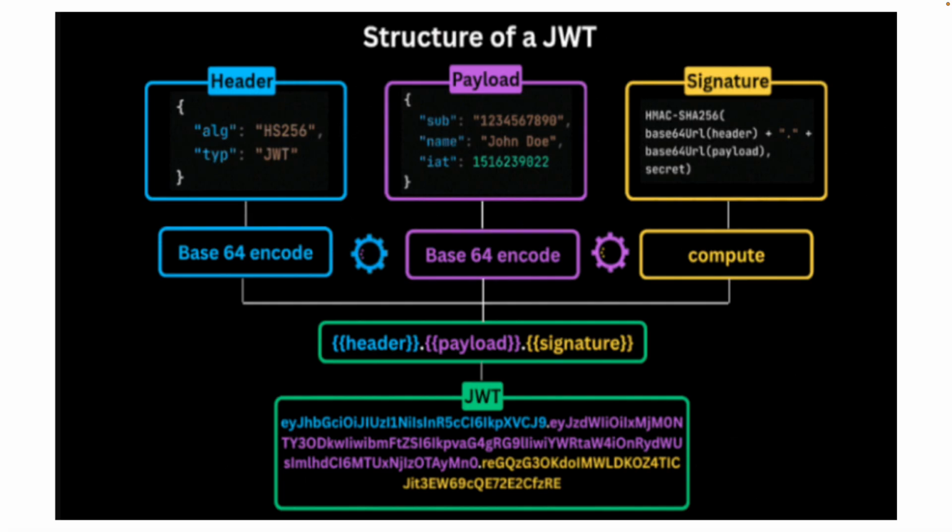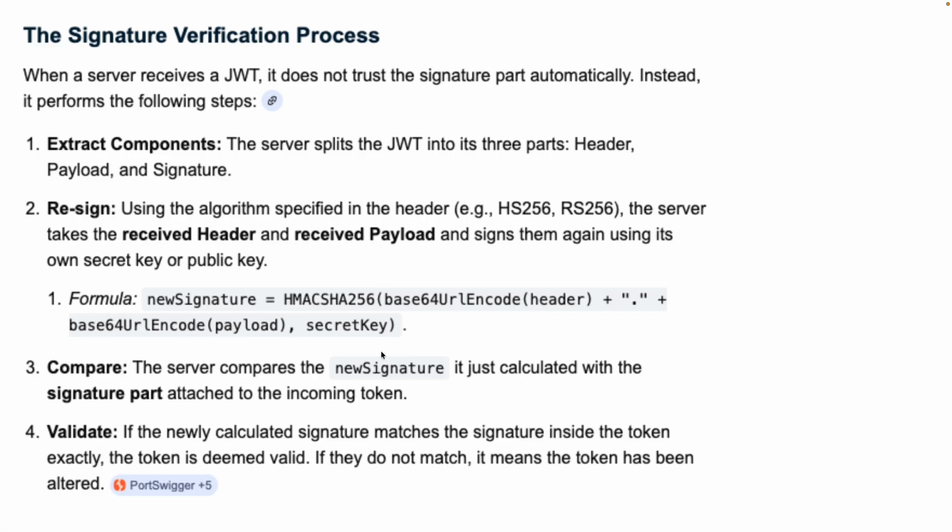Now let us understand how it actually validates, how the signature is verified. When the client sends the token, the server extracts the token. It first splits the token into three parts: header, payload and signature. Then, using the algorithm specified in the header, it encodes again.